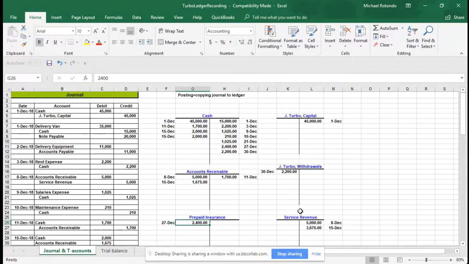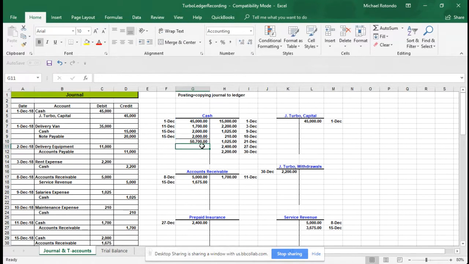And there are several here that only have one item. Now, there are several, though, that have multiple items. And when we have multiple items, we have to do some work. Now, if we have multiple items on both sides of the account, we have to total both sides. That's called a footing. So let's start with cash, where we have 4 debits. So what we're going to need to do is use the auto sum.